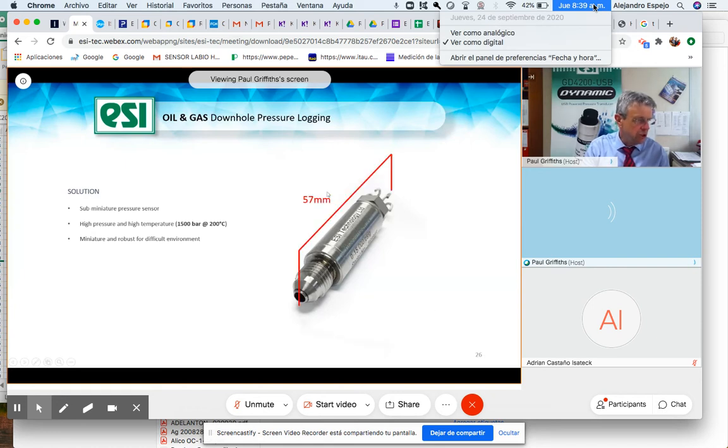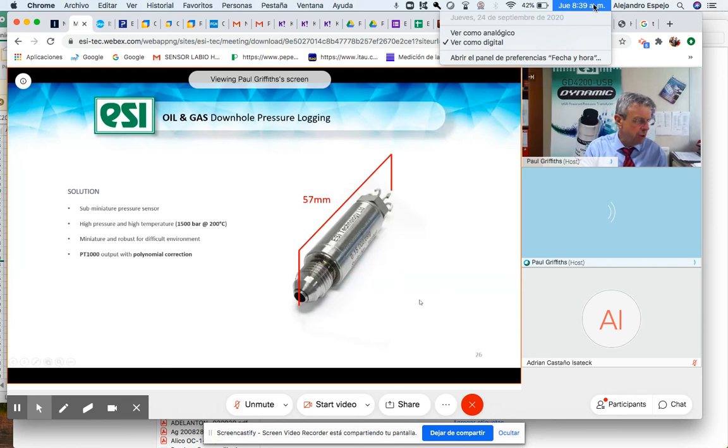This product is just 57 millimeters long and only 12 millimeters in diameter. So it's very small, but it's very, very robust. This is the type of sensor or transducer that companies involved with making drilling tools use. So we're trying to break into that market.